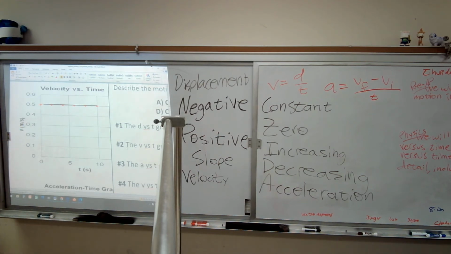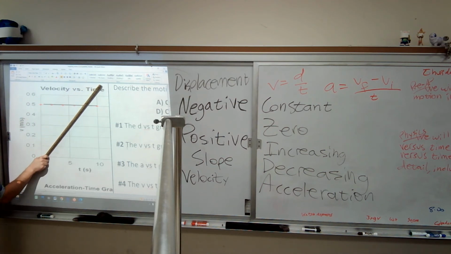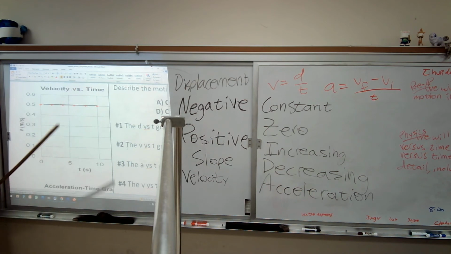And a lot of people get confused here, because they think, like before, we've had a position graph with a straight line that's not flat, but that's constant. And they see this and they forget to just look, oh, well, this says it's velocity, and if the velocity is 0.5, and then it's 0.5, and then it's 0.5, and then it's 0.5, it's constant, it's not changing. So that's good.